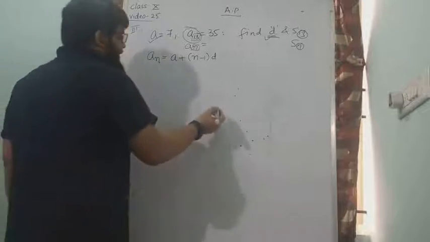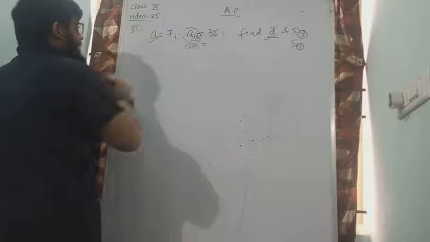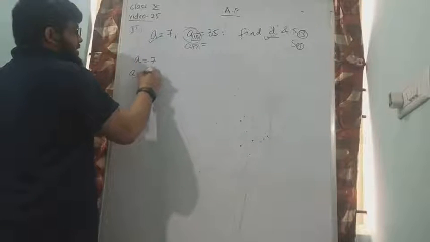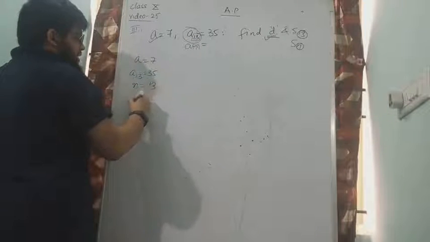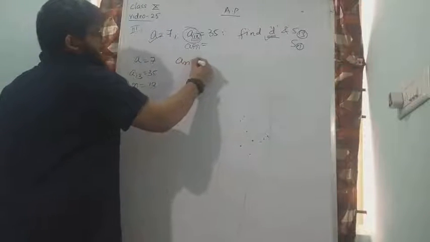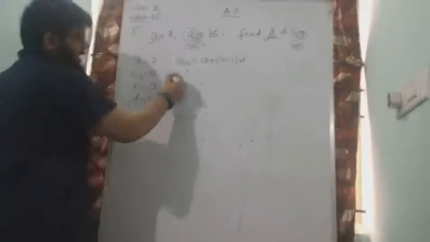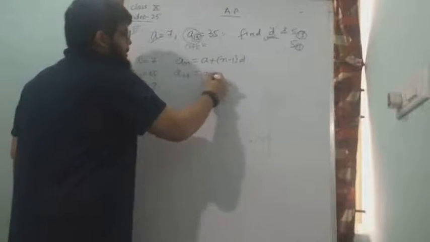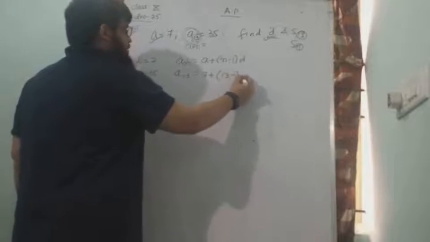Let us write down the values that we have first. A is 7, then A13 is equal to 35. From this only I got the value of N, which is 13. D we don't know. To find out D, let me make use of the formula An is equal to A plus (N minus 1) into D. A13 is equal to A, which is 7, plus N, which is 13, minus 1, into D, the value we are finding out.